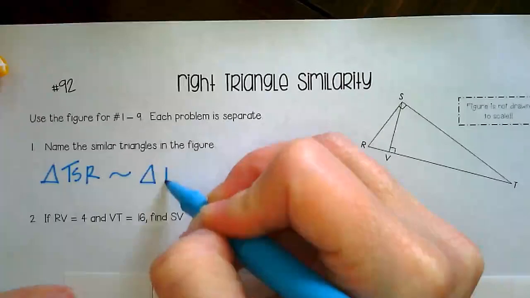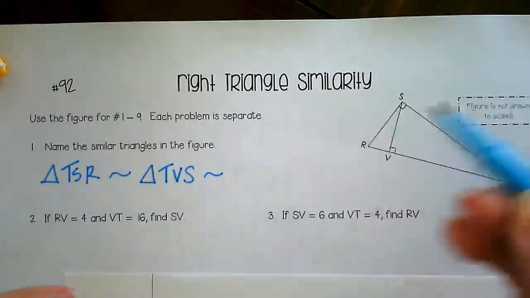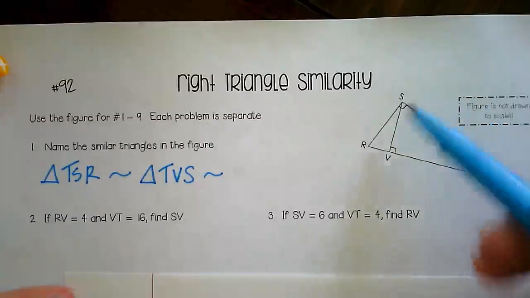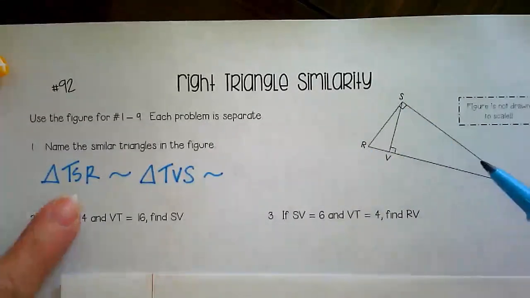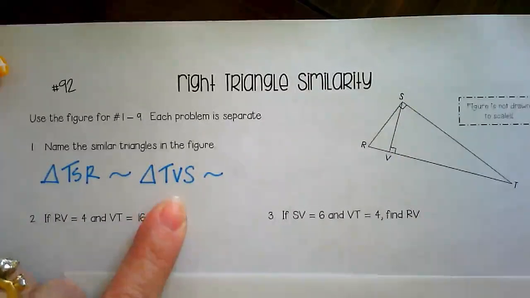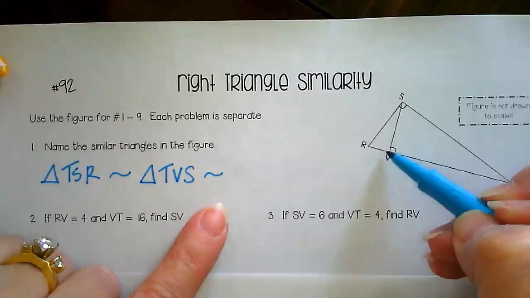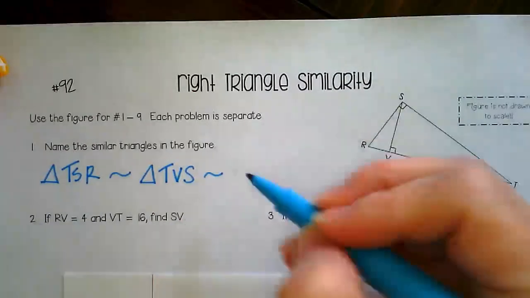So Mama Bear would be TVS. And then that is similar to Baby Bear. Now, again, I did long leg, short leg when I named this over here. I did long leg, short leg when I named Mama Bear. So now I need to do long leg, short leg of Baby Bear, which is going to be SVR.